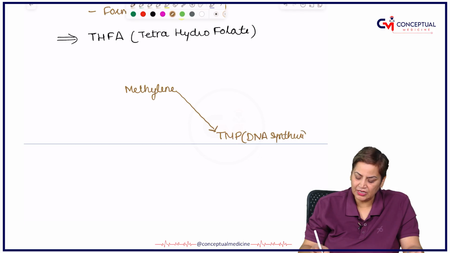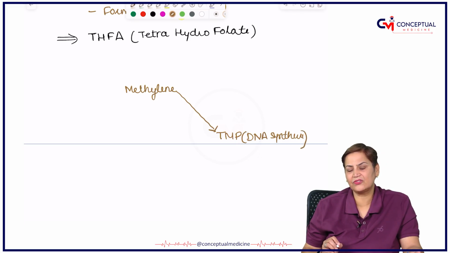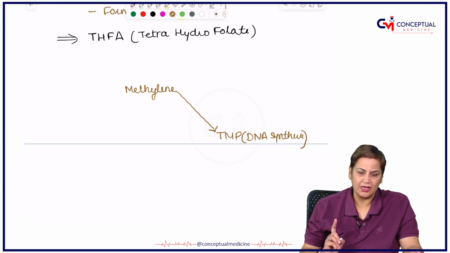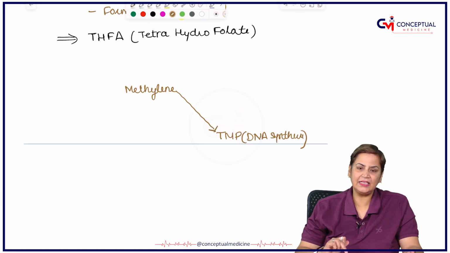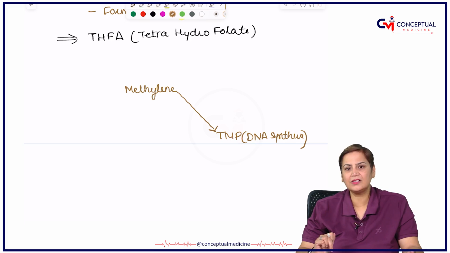And this reaction needs to be strictly irreversible. This is a very important reaction. I will discuss this reaction in detail also, but here I am just writing that this methylene will be required for the synthesis of thymine monophosphate, which is the base present in DNA.